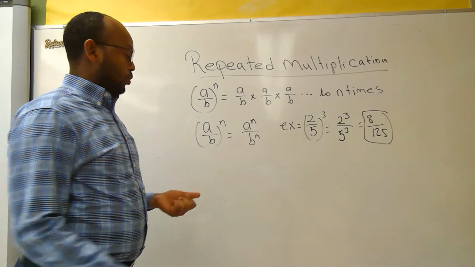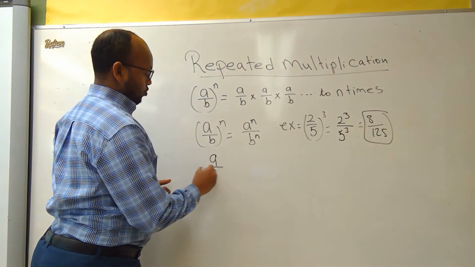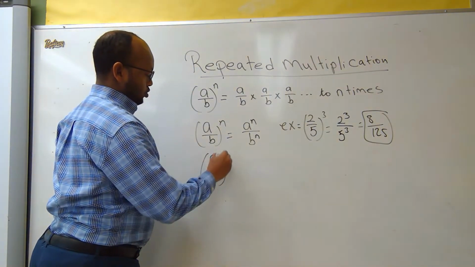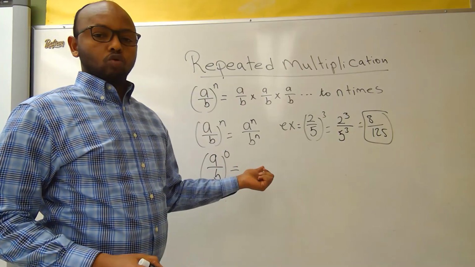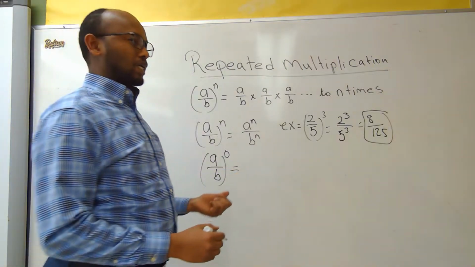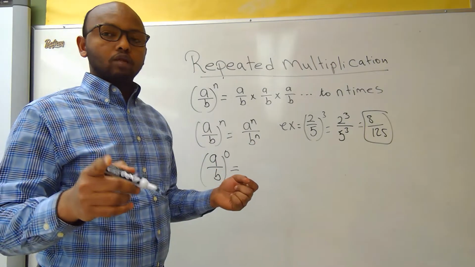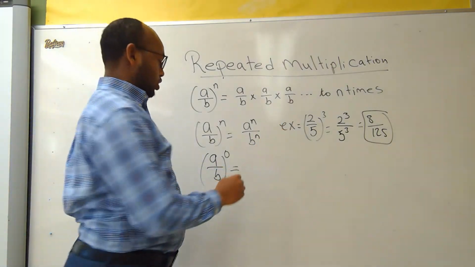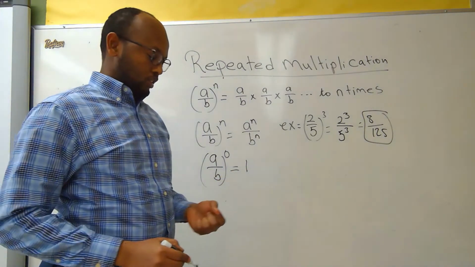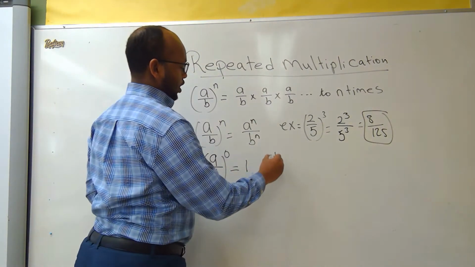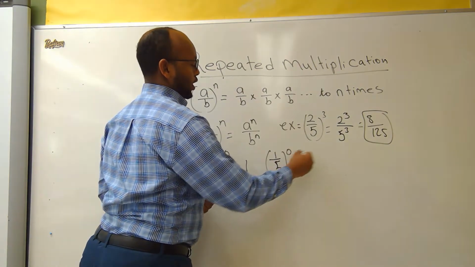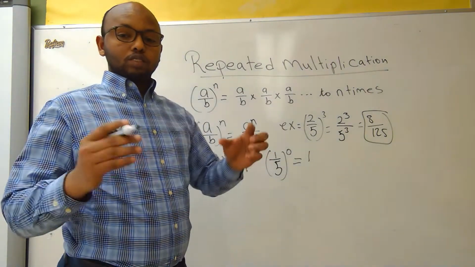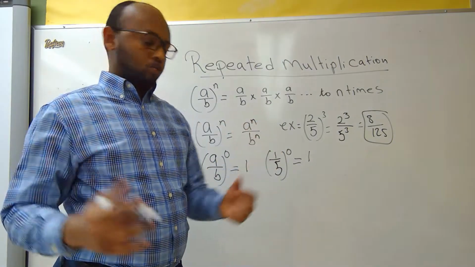When I have a power 0, for example, if I have a over b all power 0, what will that be? The answer will be 1, because any number power 0 will give you 1. For example, if I put 1 over 5 power 0, my answer will be 1, because any number power 0 is 1.